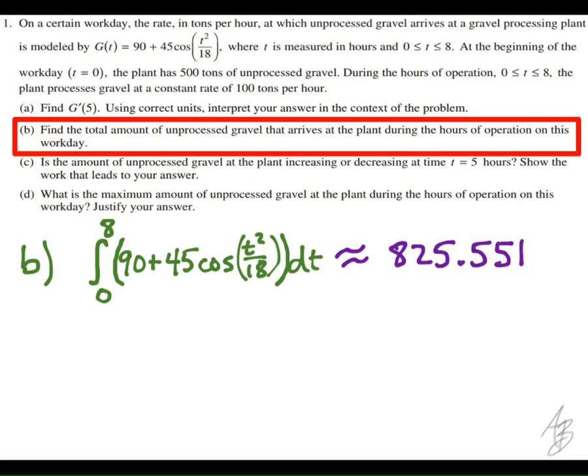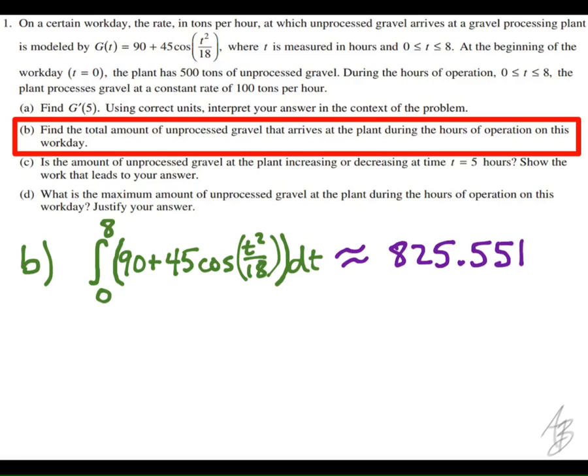Sometimes you have to have the units, sometimes you don't. Sometimes you won't get the point if you don't have the units. There's not really a good way to know whether or not you have to have them there. Sometimes it will say including units. I don't think this one does, but I would still include it just to be sure.